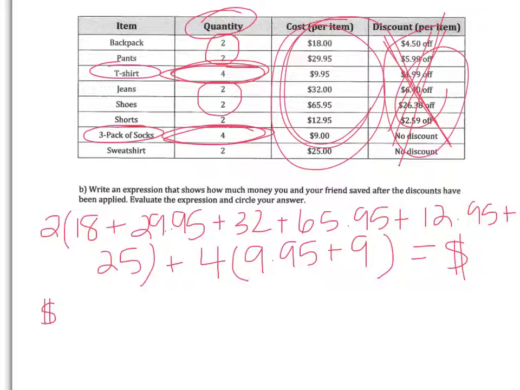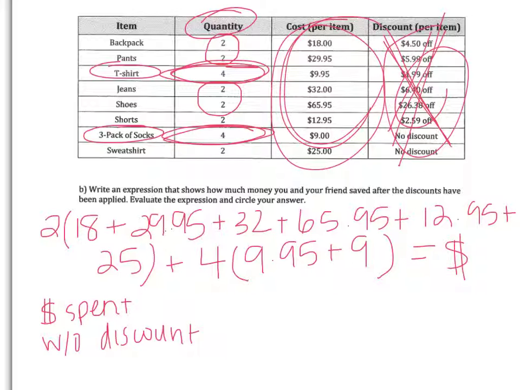So money spent without discount. Part A, we solved for how much each of us spent. Okay? If I multiply that number by 2, that will tell me how much me and my friend spent in total.